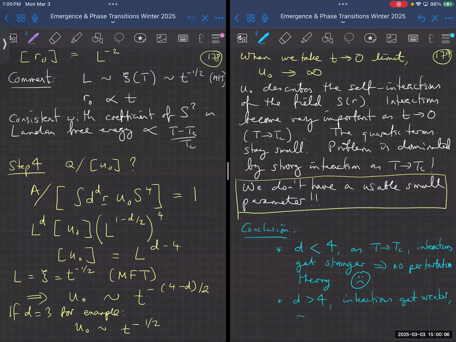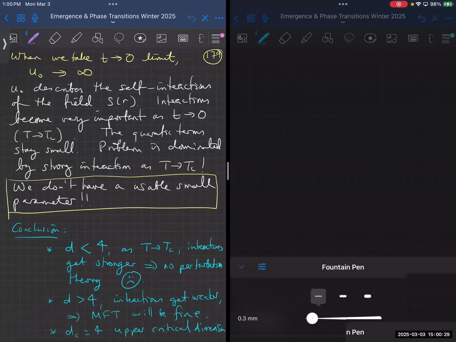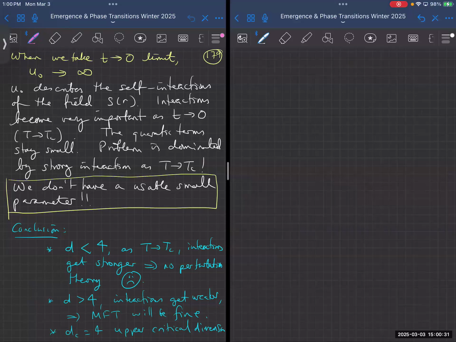And so that means that mean field theory will be fine. And so we've just deduced then that DC is 4, the upper critical dimension. So in other words, if you want to look for a small parameter, you're not going to find it in the strength of interactions.